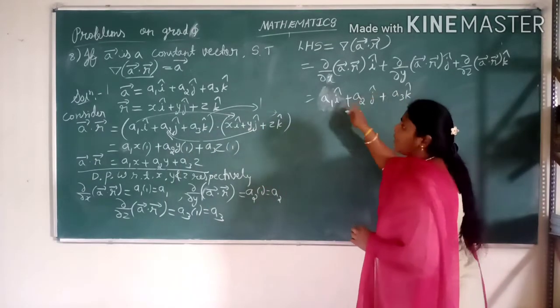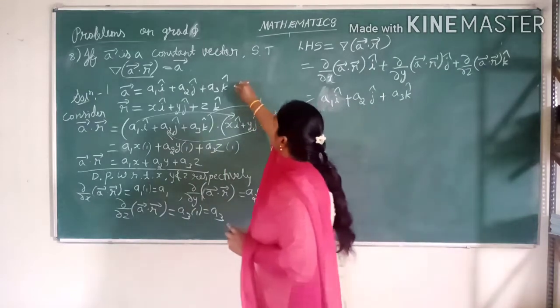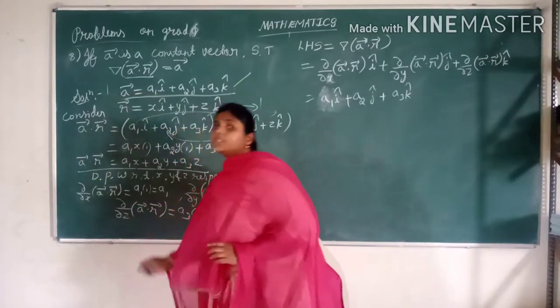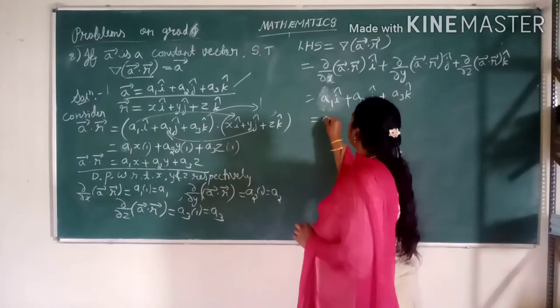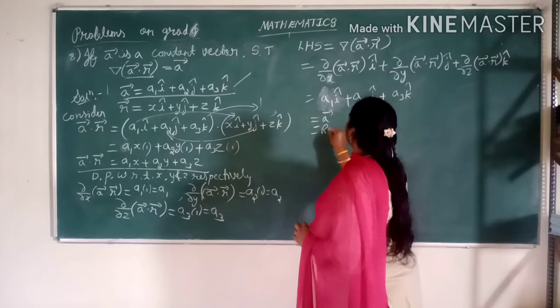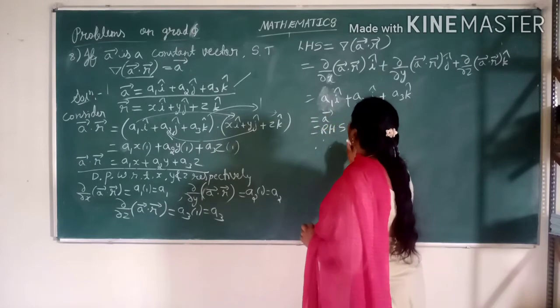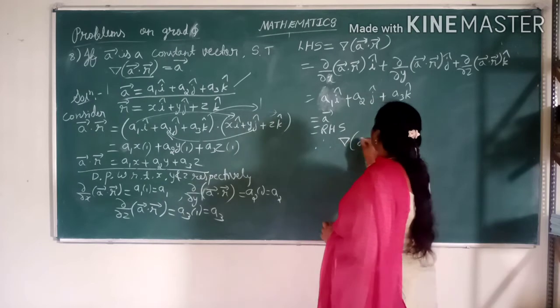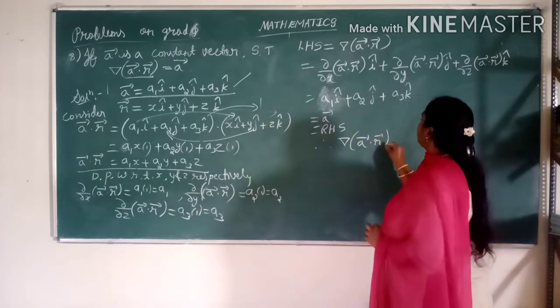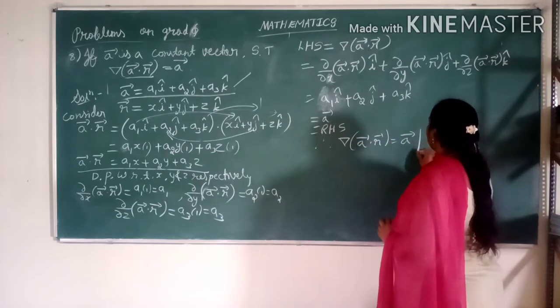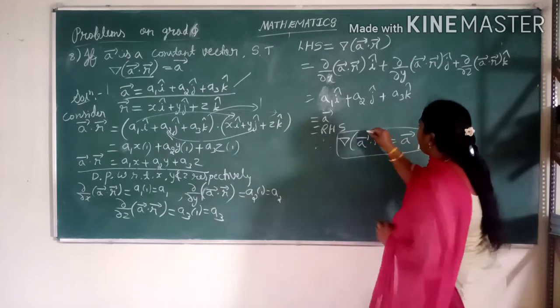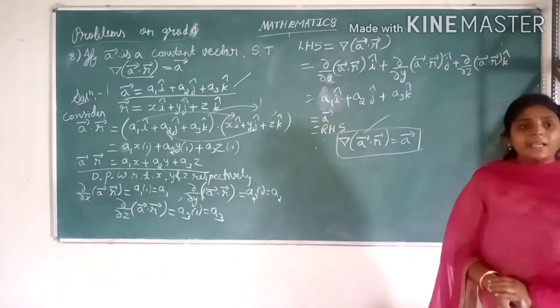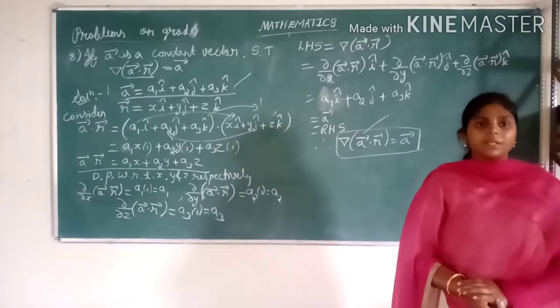What is A1 into i cap plus A2 into j cap plus A3 into k cap? This can be written as vector A. This is the RHS. Therefore, the grad of vector A dot R is equal to vector A. This is possible if and only if the vector A is a constant vector.